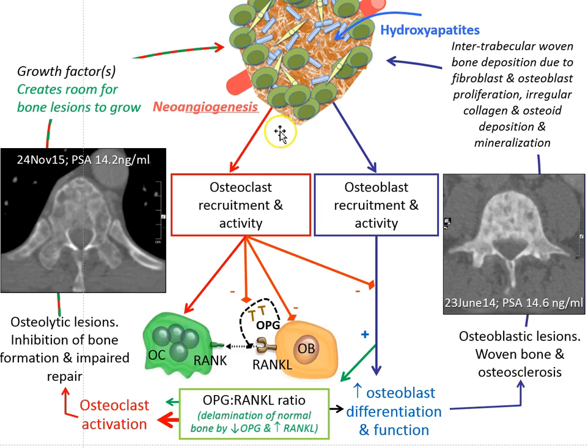Now, osteoclastic activity can also be directly stimulated by the tumor cells, and there are four different mechanisms. One is a direct stimulation of osteoclasts, another is inhibition of osteoblastic function, and the third mechanism is to interfere in the interactions that occur between osteoblasts and osteoclasts.